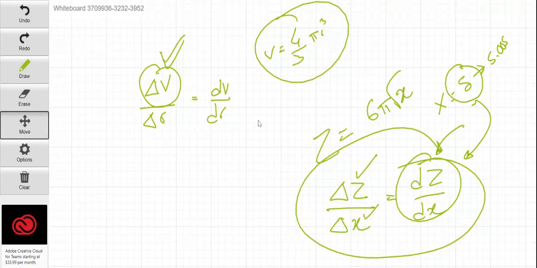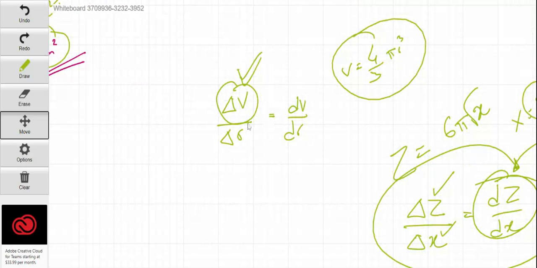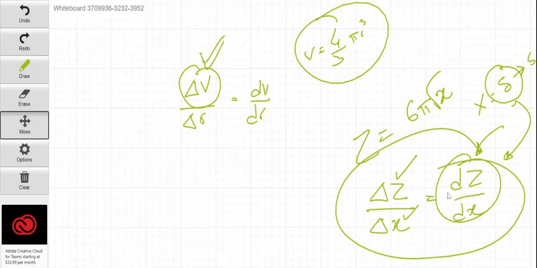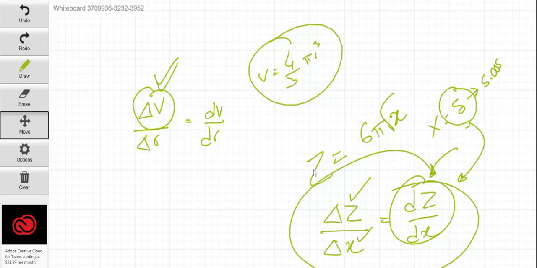So keep these in mind: you need to be able to look at the question, see what variables are changing, see what you can differentiate with respect to what, and design these formulas, just like I'm doing here and here. Since the equation is z in terms of x, it's always dz by dx.